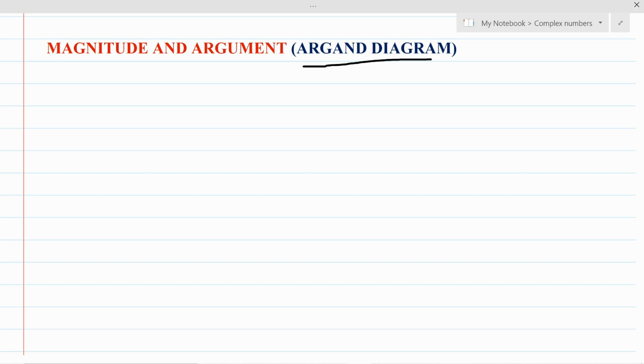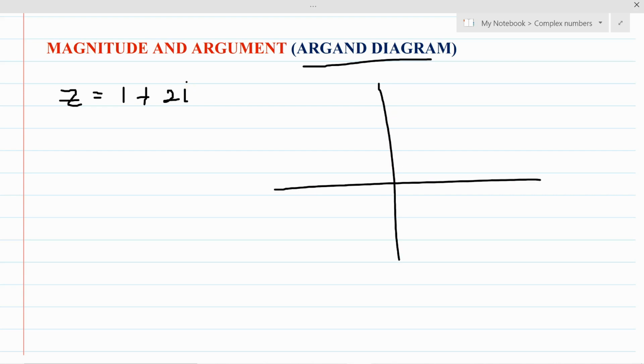In our previous video we said, let's say you have a complex number z equal to 1 plus 2i. This is our complex number, right? In the Argand plane we can plot this complex number z. The Argand plane looks like this. It's the same as the Cartesian plane. This will be the imaginary axis, and this will be the real axis.